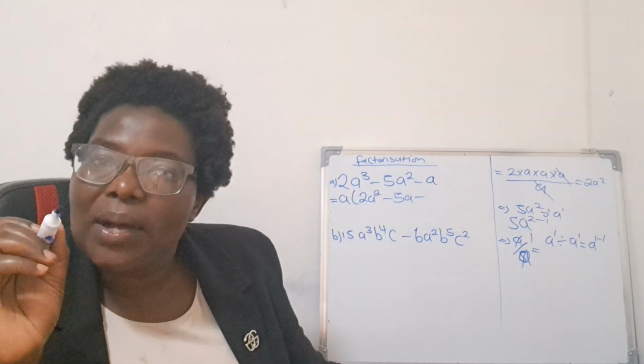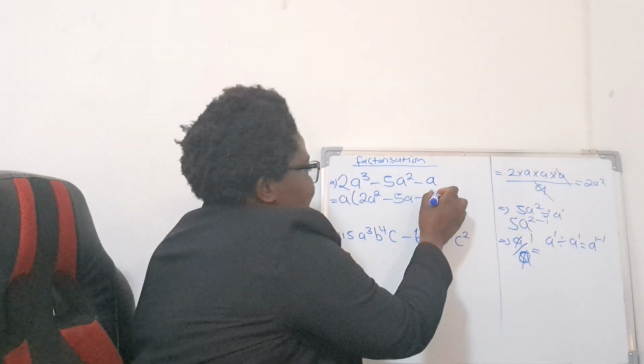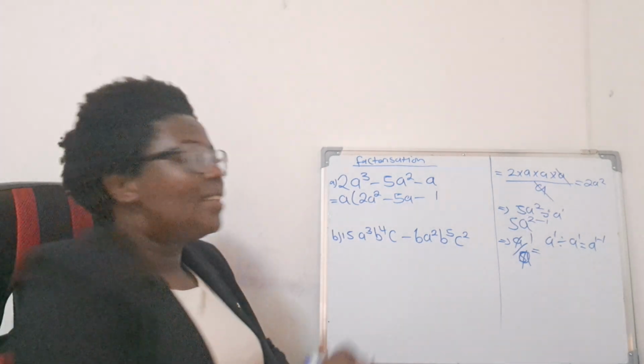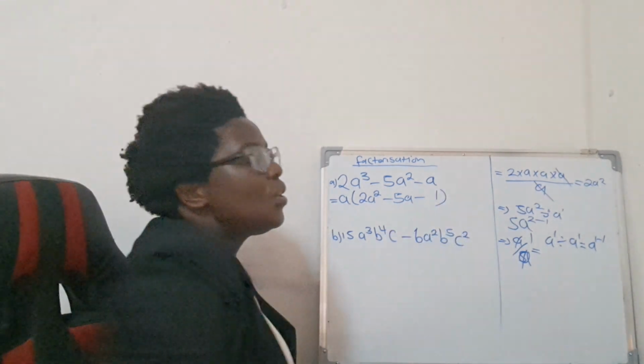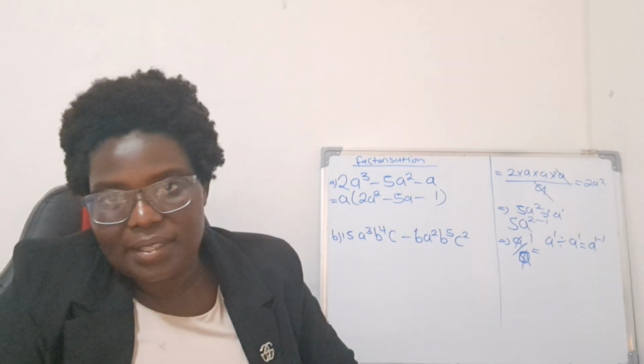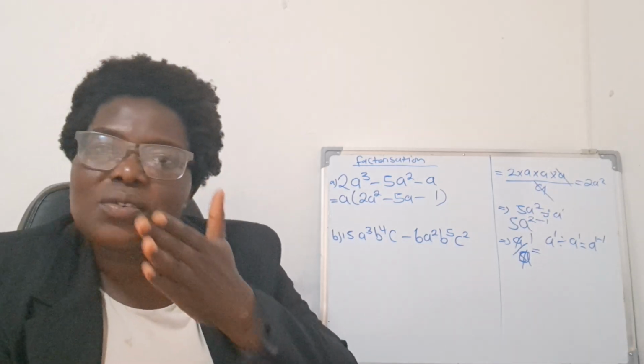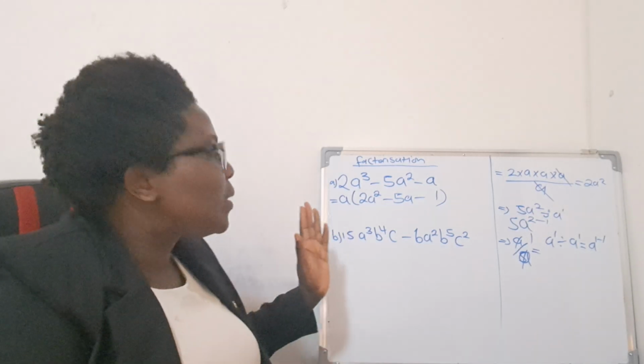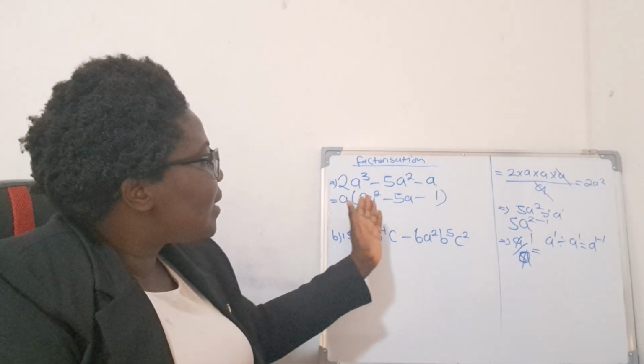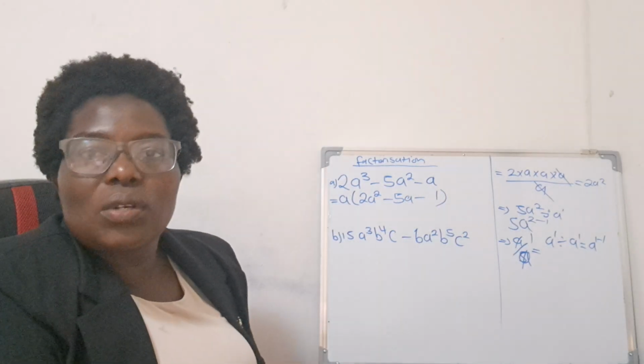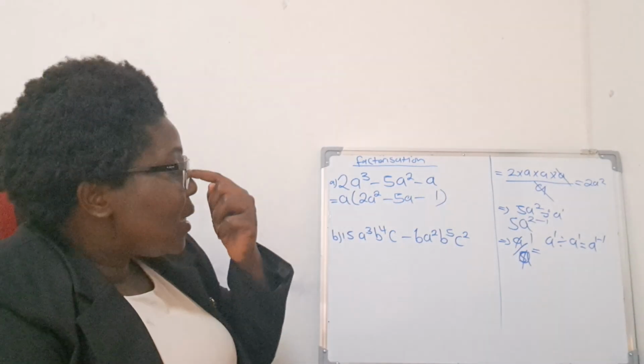Any number to the power 0 is 1. And then, do not forget to close the bracket. If you want to test your answer, you just have to multiply back inside to see whether it works.